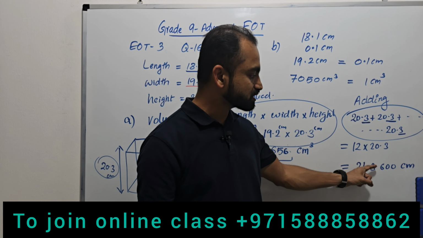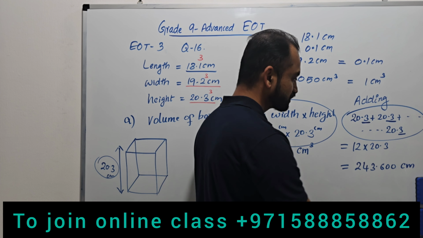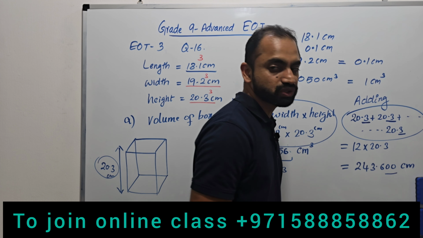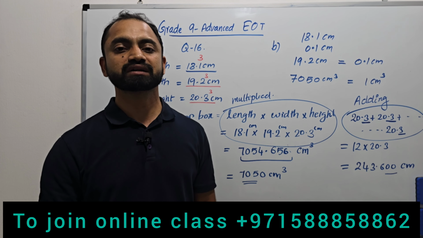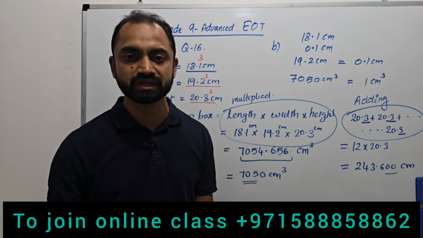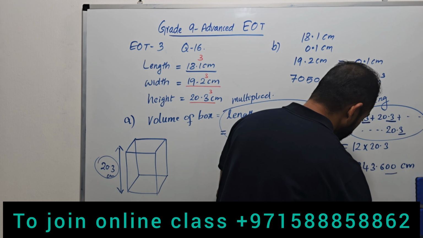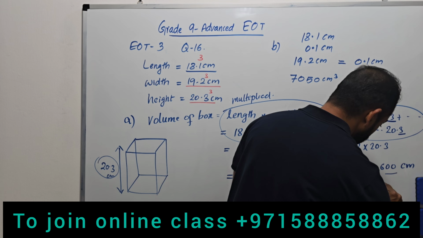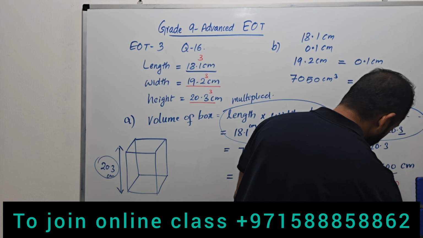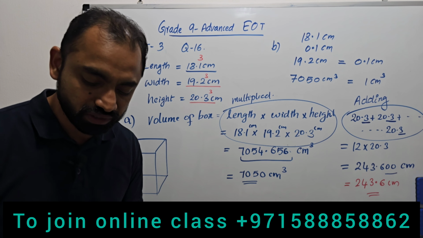How many digits are in this answer after the decimal? 3 digits, so we should not write like that. We need to write the correct number of decimal places when adding or subtracting. So we write 243.6 centimeter.